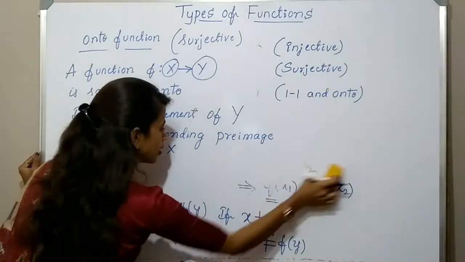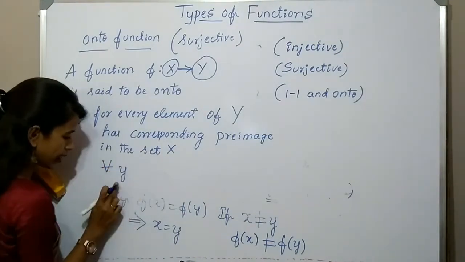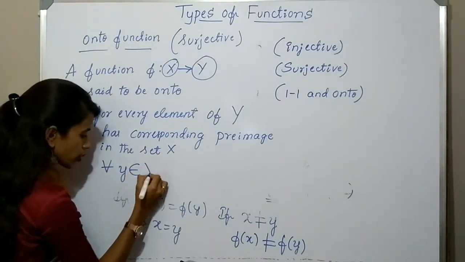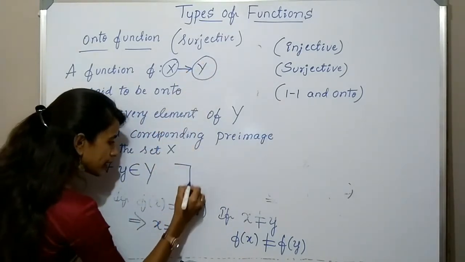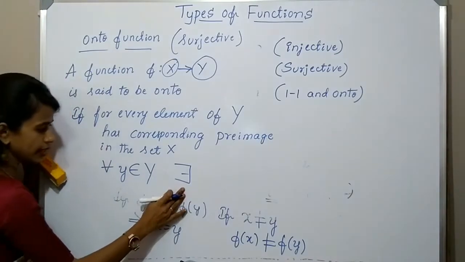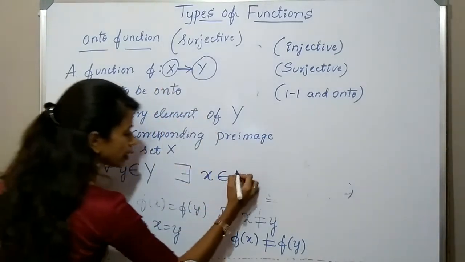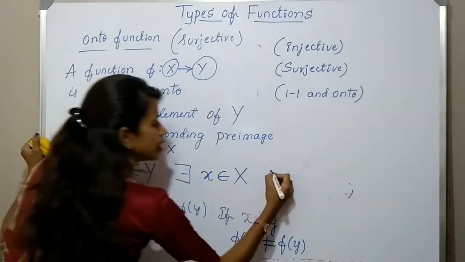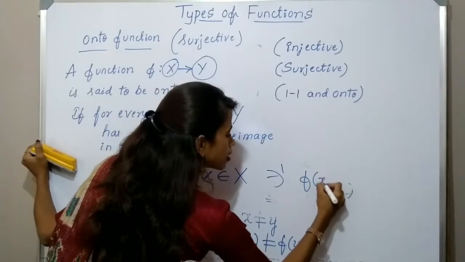In notation, for all y belonging to the set Y, that is the codomain, there exists, this is the symbol for there exists, an element x belonging to the domain X, such that f of x is equal to y.